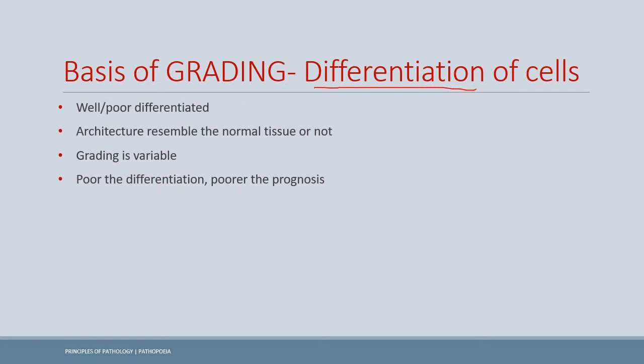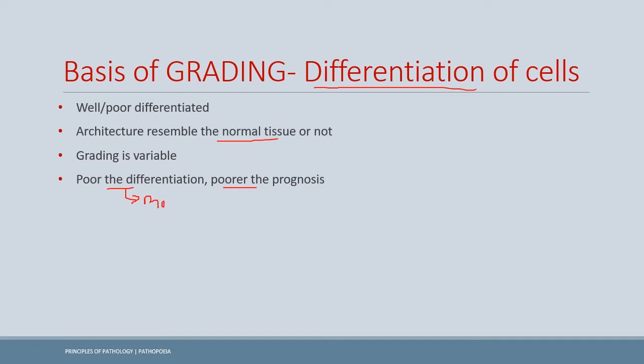Now, when I have a slide under the microscope, I look for whether the cells are poorly differentiated or well differentiated. I look for the morphology of the nucleus, cytoplasm, and ask the question, does it resemble the parent tissue or not? Because generally the poorer the differentiation, the poorer the prognosis. Why? Because poorer differentiation usually points towards malignancy.